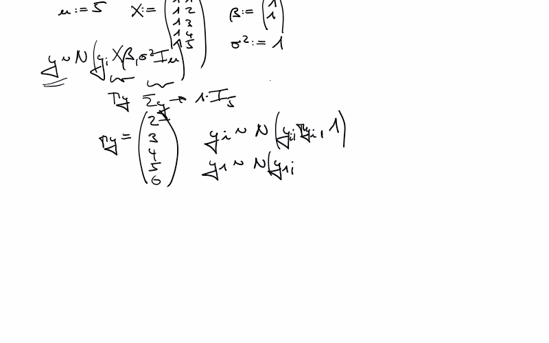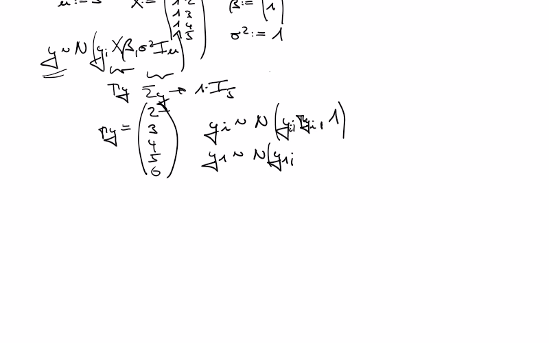expectation parameter what? What's the expectation parameter of y1? It's written on the board. Mu y1, that's true, but what is mu y1? 2, exactly. Because mu y1 is this value, so that's the first entry in mu y.